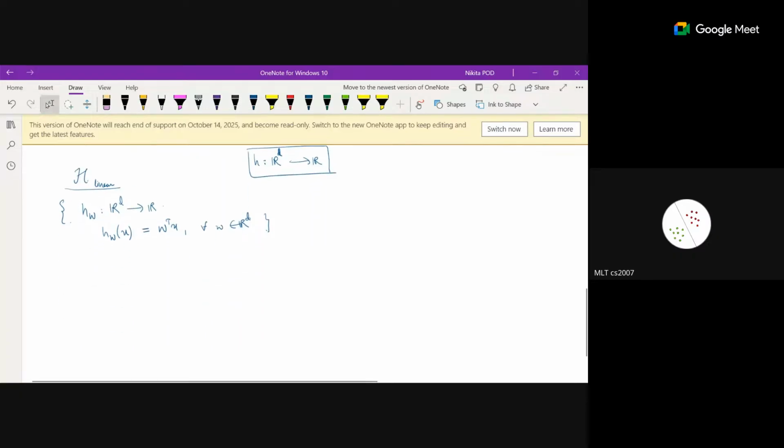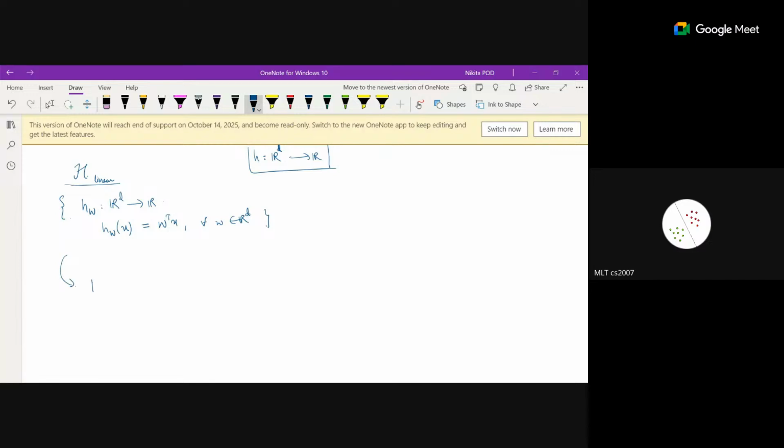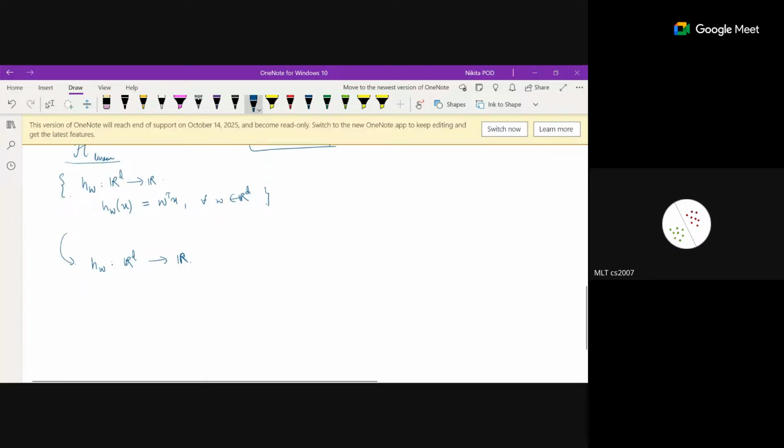So what is the updated problem that we have now? We have the data set with us, and we want to learn this h_w, which goes from R^d to R. And our goal now would be to minimize h_w of xi minus yi, right?